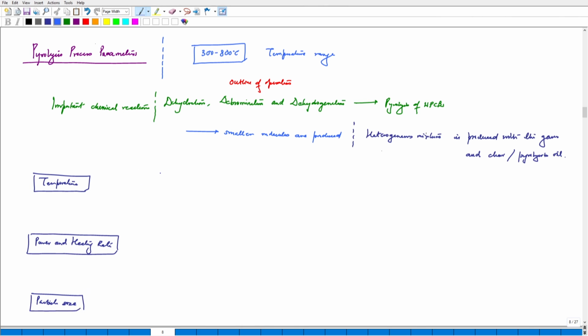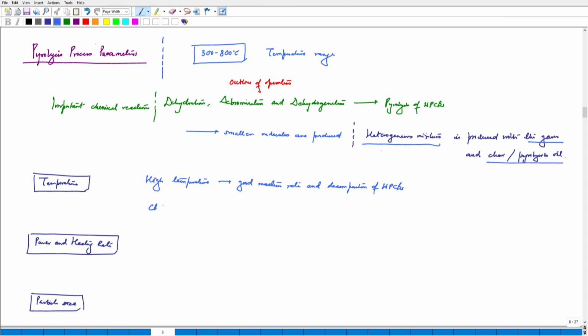When we talk about temperature, generally speaking, we know the temperature range itself. So high temperature generally means good reaction rate and decomposition of WPCBs. By decomposition of WPCB we mean we are going to get the heterogeneous mixture, char, pyrolysis oil and gases.